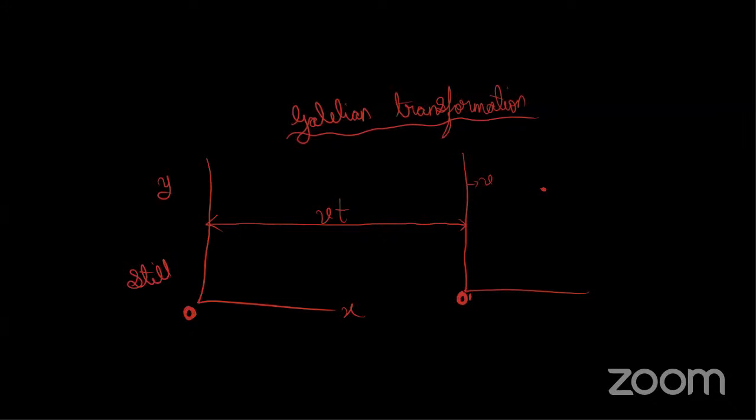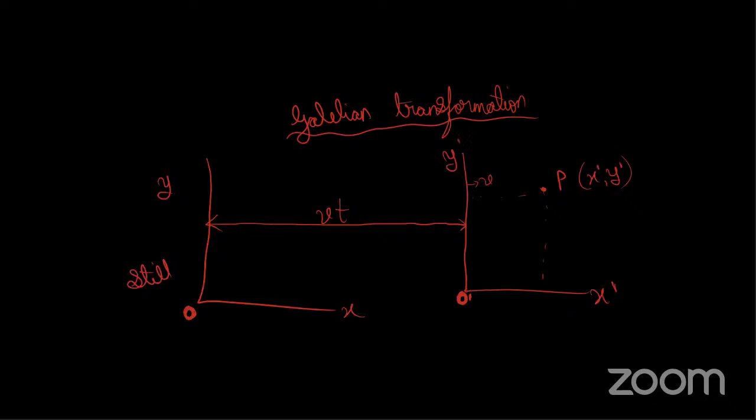Now if they both observe a point P, then with respect to O dash, this is the coordinate. It will be x comma y. Okay, sorry, here it will be x dash and y dash.